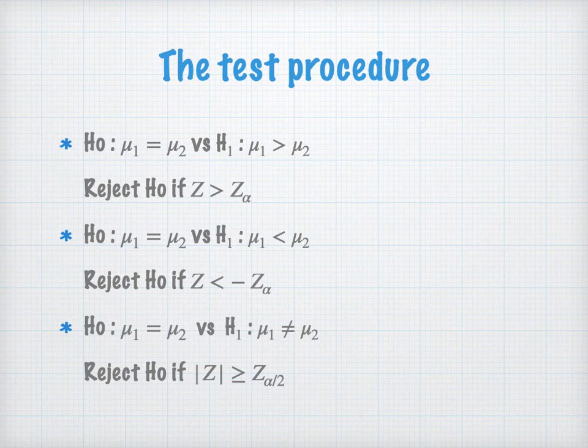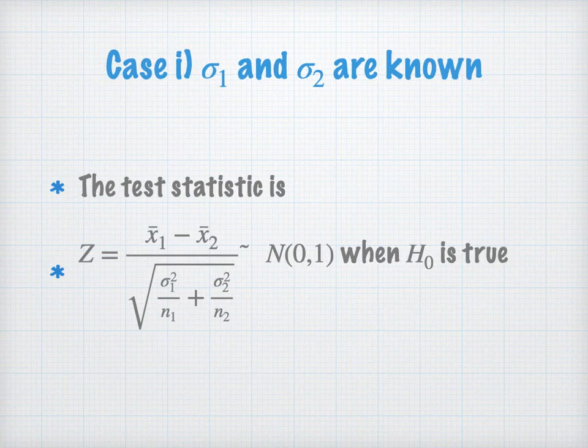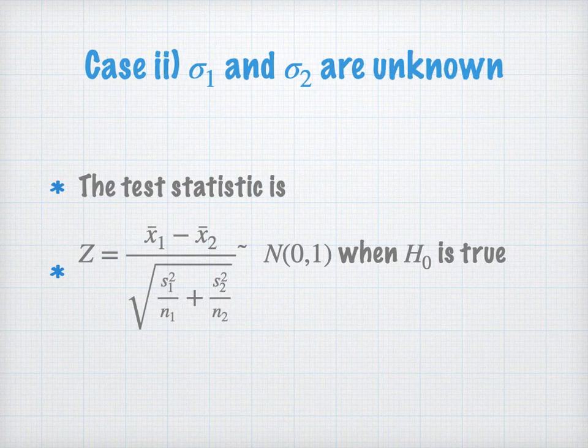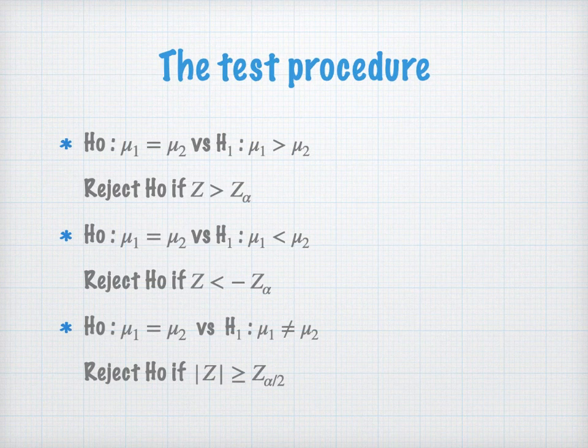We can compute the left side, Z, using this statistic, and the Z alpha value we will get from the Z table.